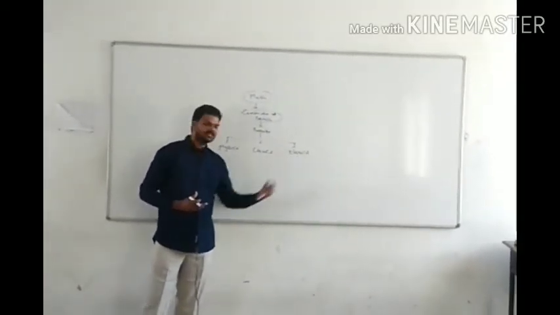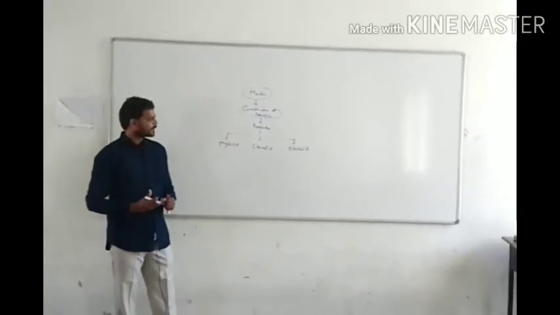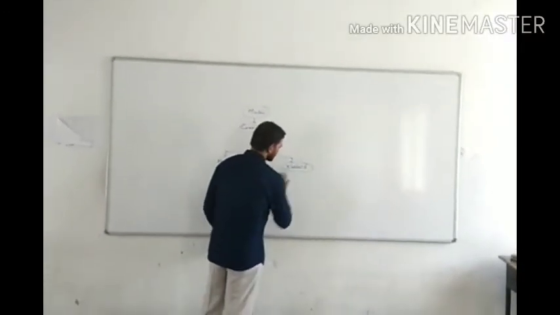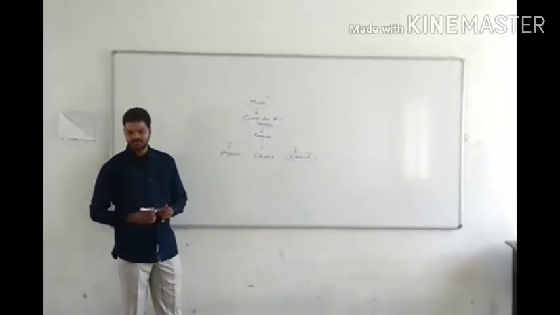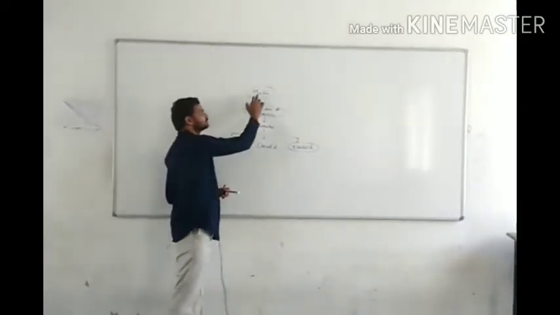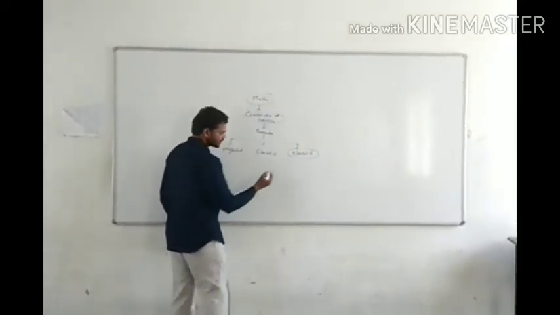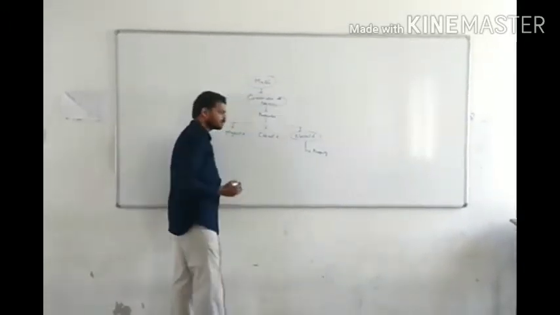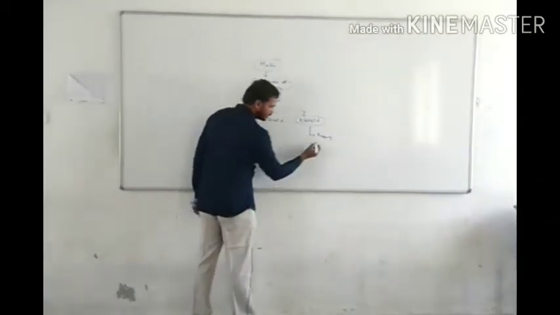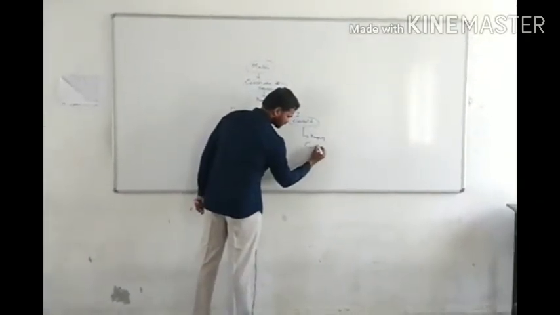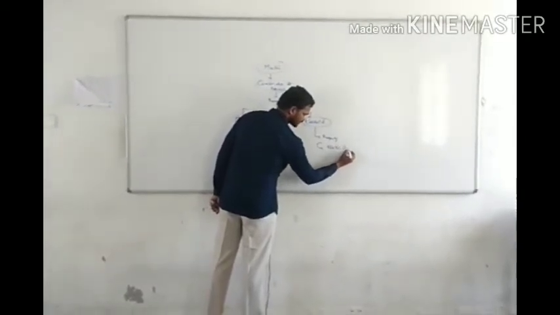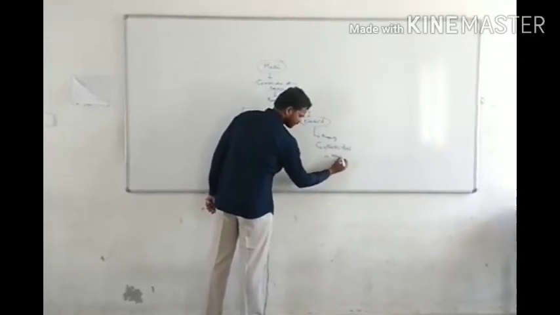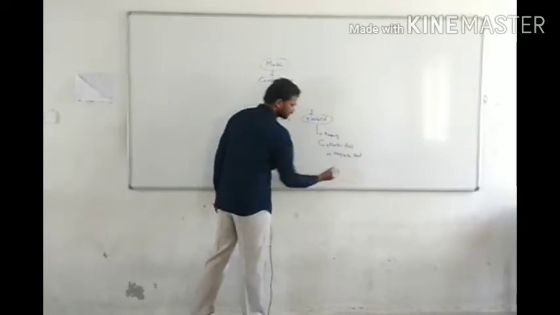And similarly here, the third one is a very important property, that is the electrical property. So what is meant by electrical? Electrical property is one of the properties of the matter. What property of the matter? It is the property which associates electric field and magnetic field.